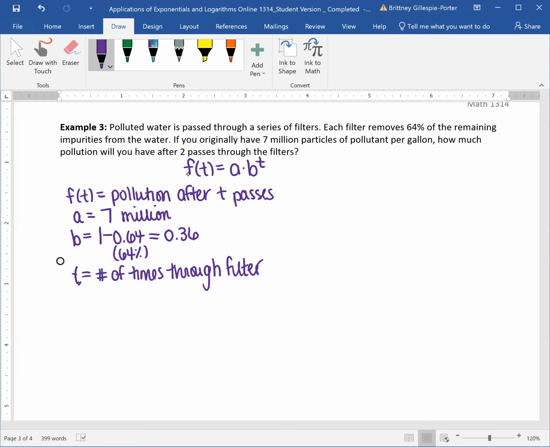And t is our independent variable, number of times through the filter, and f of t is our dependent variable because the amount of pollution depends on how many times we've pushed the water through the filter. So let's go ahead and finish writing out our function. We're going to have f of t is equal to 7 times 0.36 to the t.